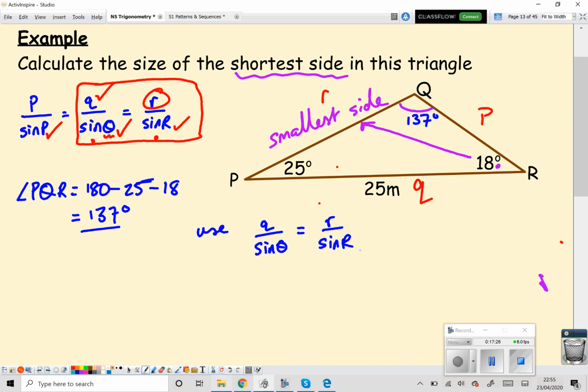Substitute in our information. So q is 25, over sine q, so sine 137, equal to r, which is what we're trying to find, over sine of 18.